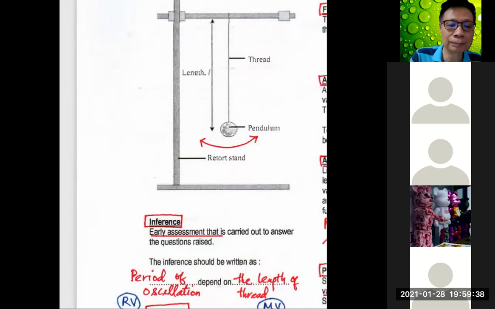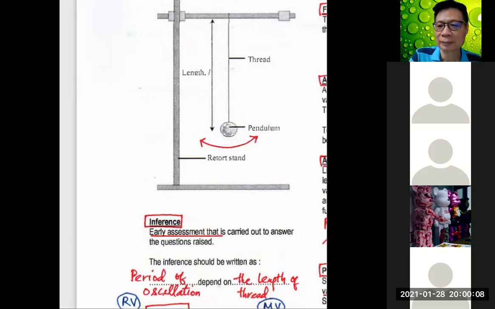Okay. By the way, what is the meaning of period? Periods of oscillation. What is period? Can anyone tell me what is the meaning of period? Yawen, Lim Yawen, what do you understand about period?